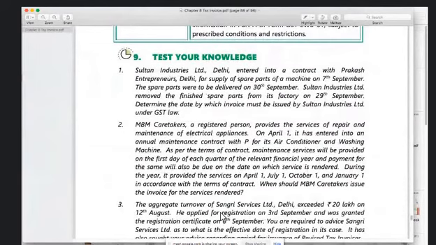Sultan Industries Limited, Delhi, entered into a contract with Prakash Entrepreneurs, Delhi, for supply of spare part of a machine on 7th September. The spare parts were delivered on 30th September. Sultan Industries Limited removed the finished spare part from its factory on 29th September. Determine the date by which the invoice should have been issued by Sultan Industries.